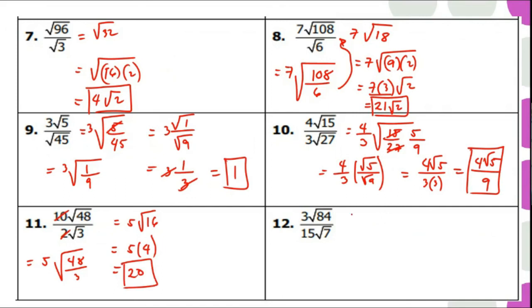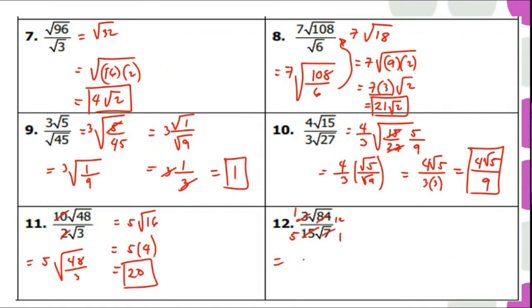Number 12. So 3 over 15. So there is a common factor which is 3. 3 divided by 3 is 1. 15 divided by 3 is 5. And with 84 divided by 7, the answer is 12. So this is 12. This is 1.